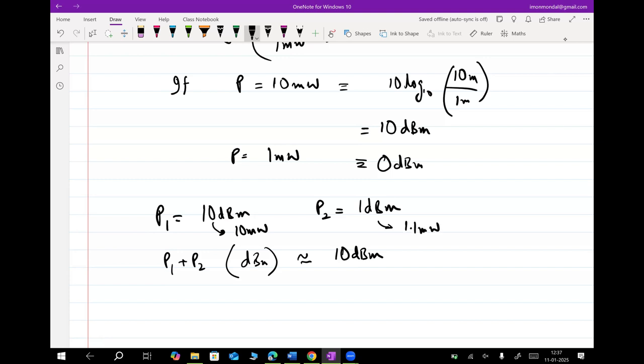So when you add up two numbers in power, they don't directly add up. You have to be slightly careful of that. Typically it is always the larger one that dominates. So if I add 100 dBm plus 50 dBm, it basically becomes 100 dBm. That you have to be slightly careful about.